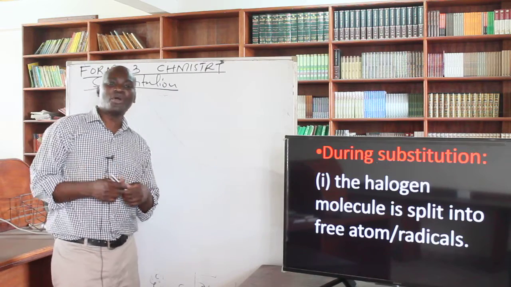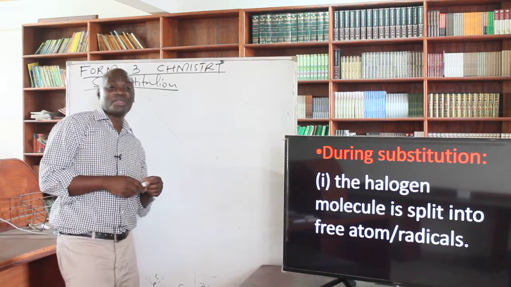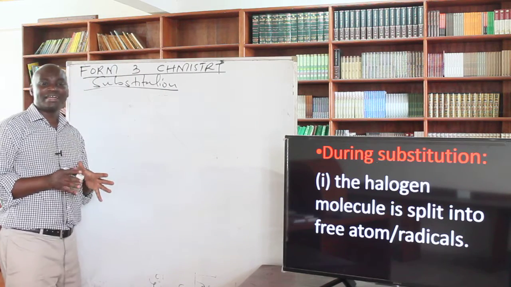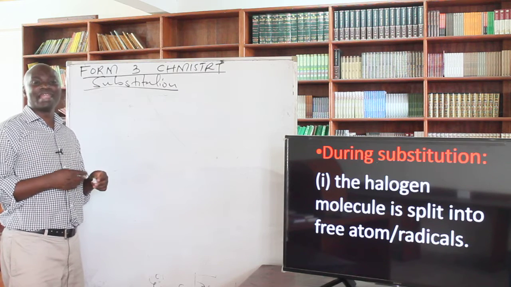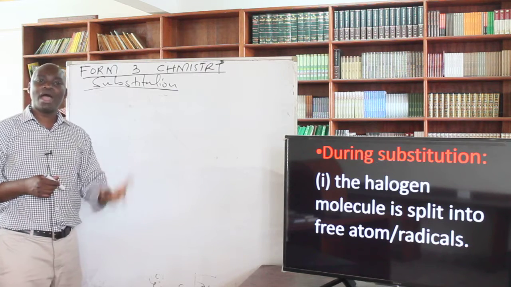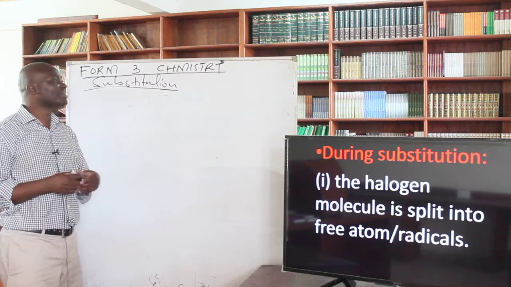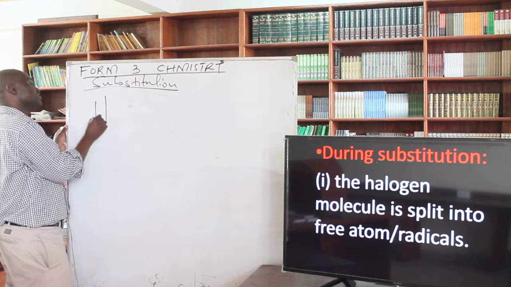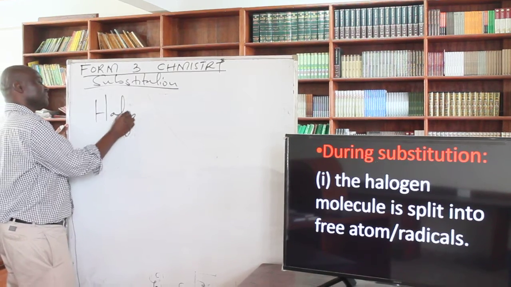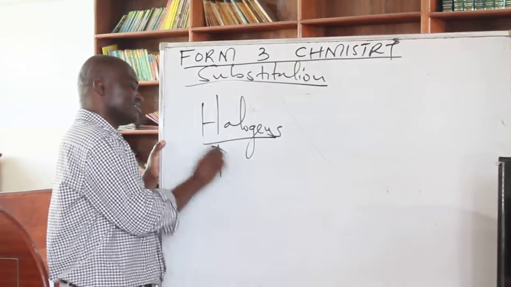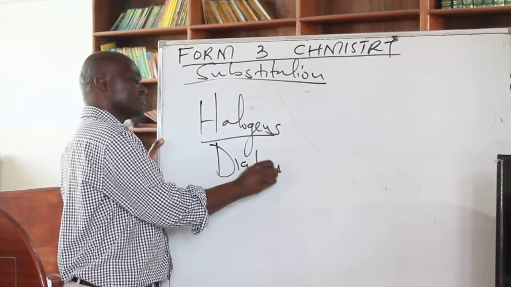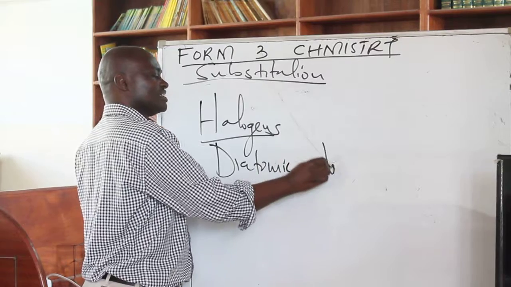Now, the substitution occurs, one, sunlight is required, or ultraviolet light is required. But what is the work of this ultraviolet light? We know that halogens exist as diatomic molecules.